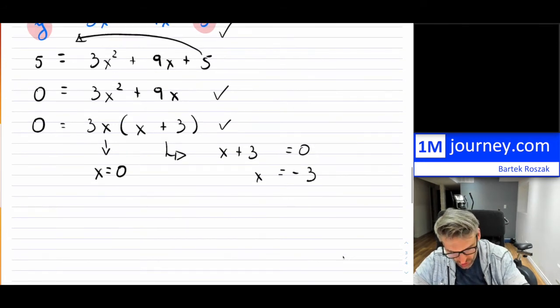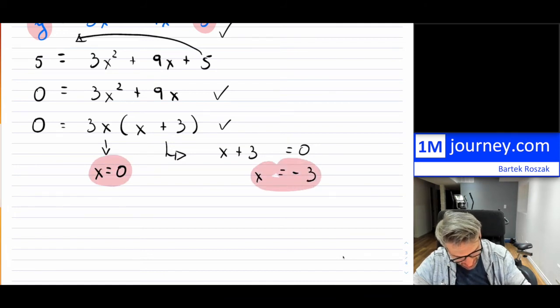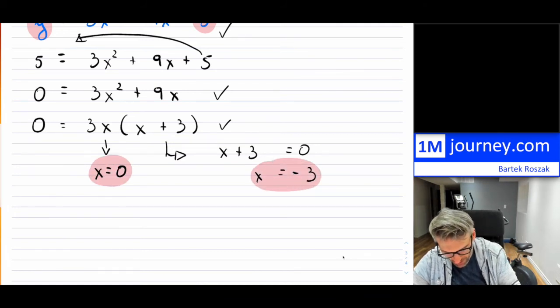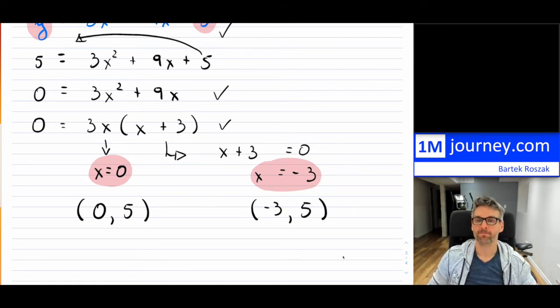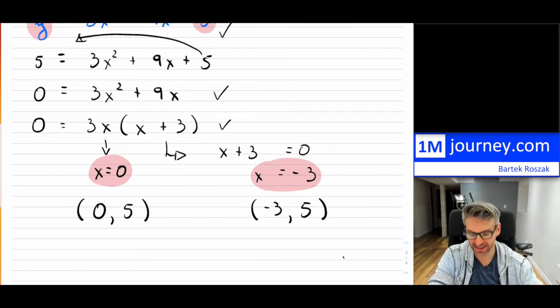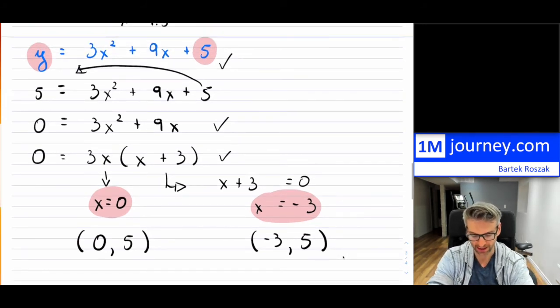Those would be the 2 points on the graph at 0 and at negative 3. So my points are 0, y is equal to 5, and negative 3, y is equal to 5, on the graph. That's what I have found by setting my y equal to c.